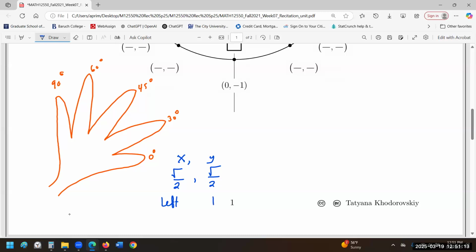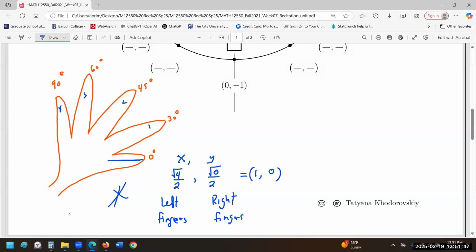And for the y value, you count how many fingers you have on the right. So from 0, from this angle, you have 1, 2, 3, 4 fingers on the left. So 4 goes here. And we don't have any finger on the right, so 0 goes there. And then you simplify. Square root of 4 is 2, 2 divided by 2 is 1, and 0 divided by anything is 0.